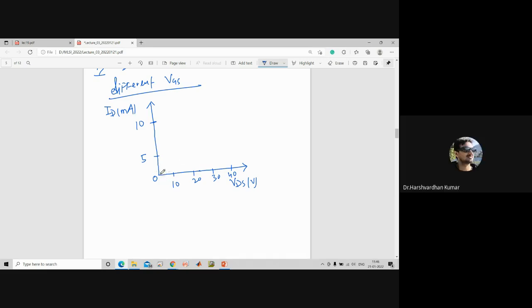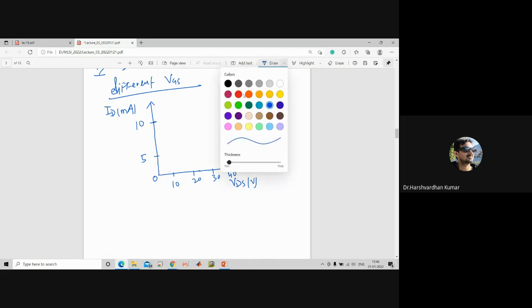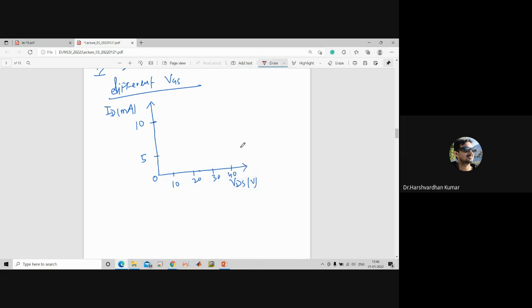So the current will be very small from source to drain. It is nearly parallel to the x-axis. This is when the VGS is much less than VTH, right?